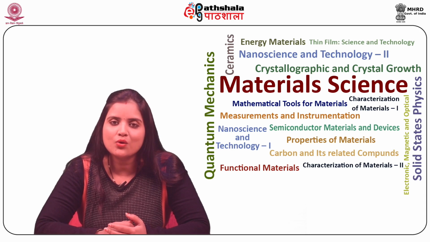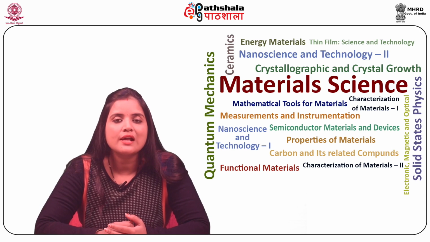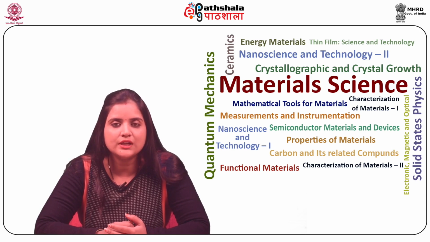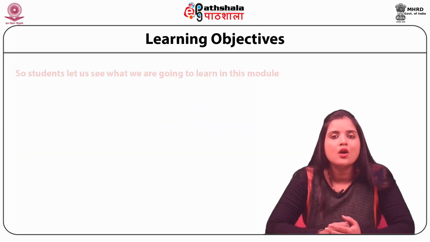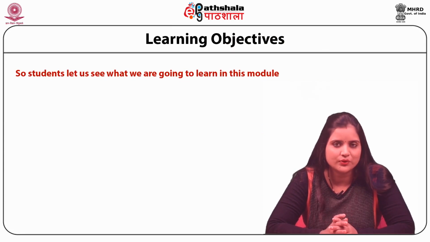Today we are going to discuss the module Scanning Probe Microscopy, that is STM and AFM, from the paper Characterization of Materials 1. So students, let us see what we are going to learn in this module.